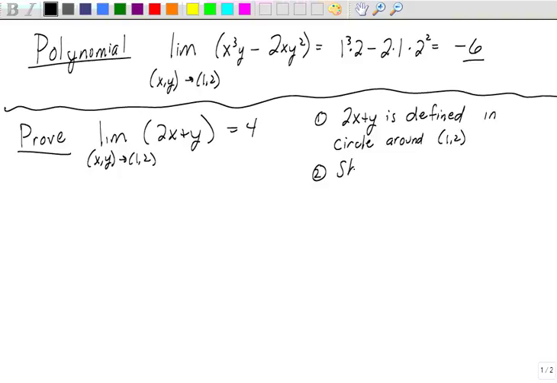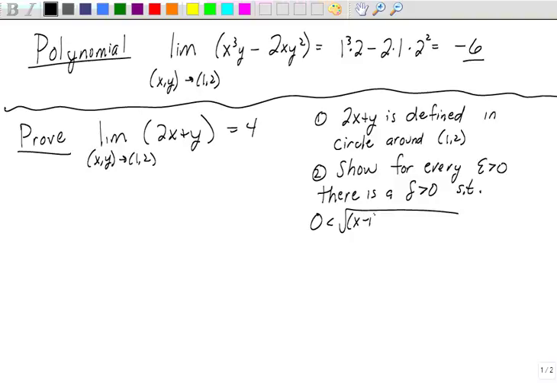And what we need to show is for every epsilon, there's a delta such that when you're in that circle, then f is close to 4.